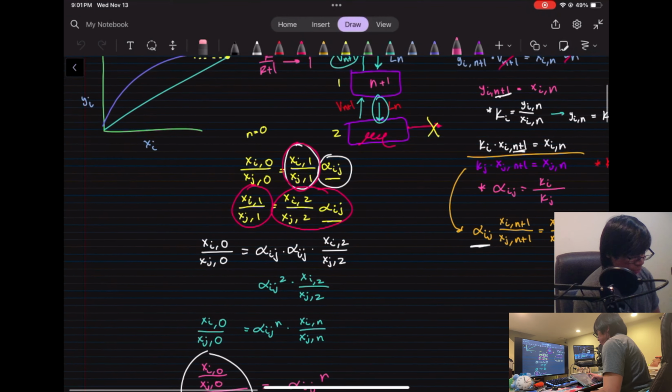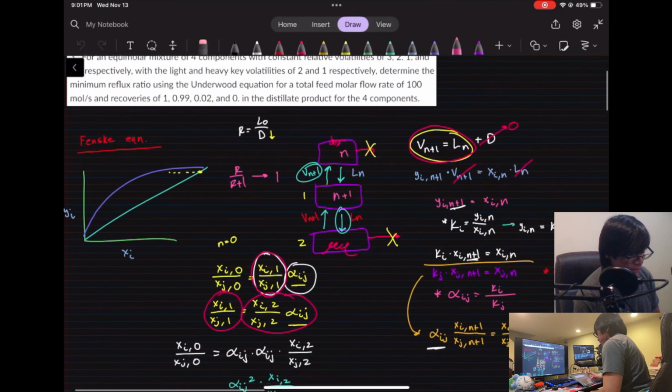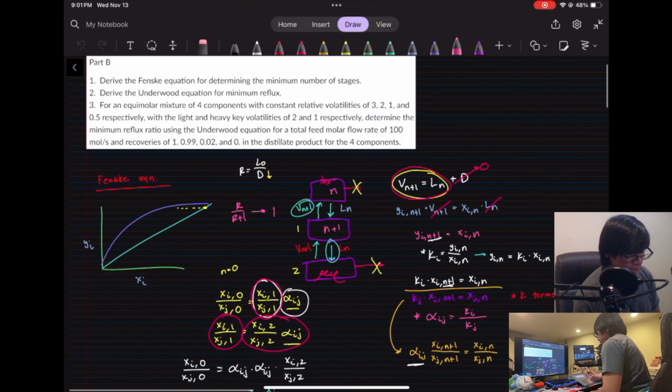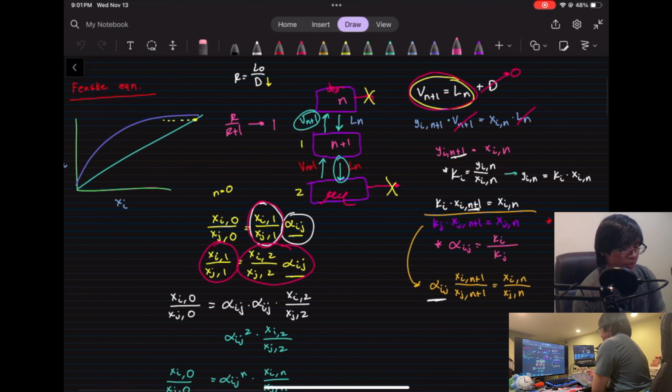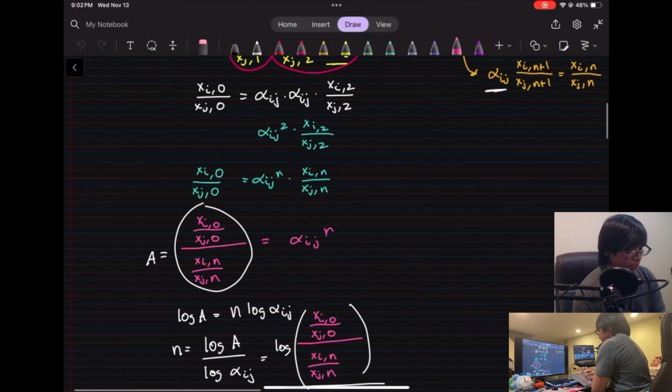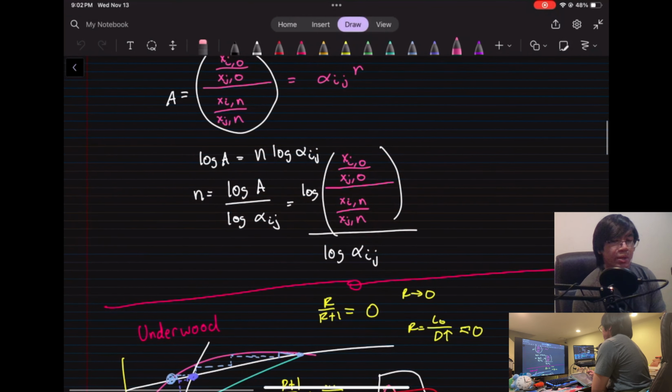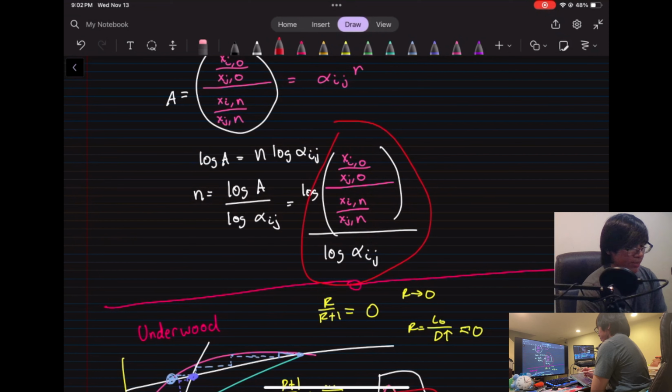The most important part for Fenske and Underwood was the partition coefficient, which allows us to get our constant relative volatility for both equations, and then we found our expression for the minimum number of stages, given we know all of these values, which we should, since we know what's going in and our desired liquid mole fractions at the condenser and our boiler.